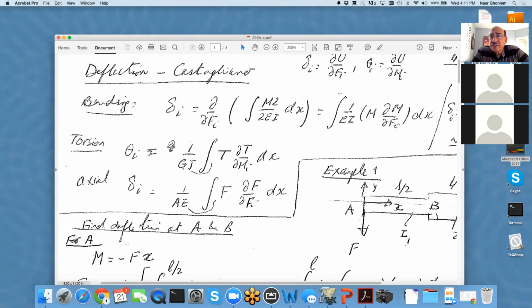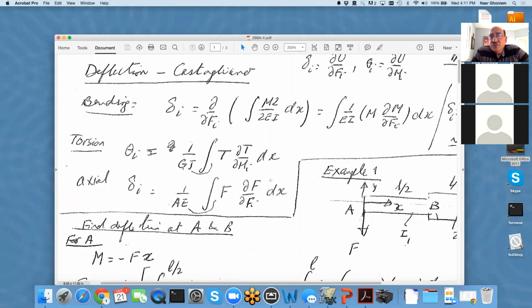Then when we take the derivative, I would have 1 over AE as a factor outside, and then I take the integral of F times dF by dFi dx. In other words, I must have an expression for the force system that is applied as a function of the force that I'd like to specify at a point I, and I take the integration.